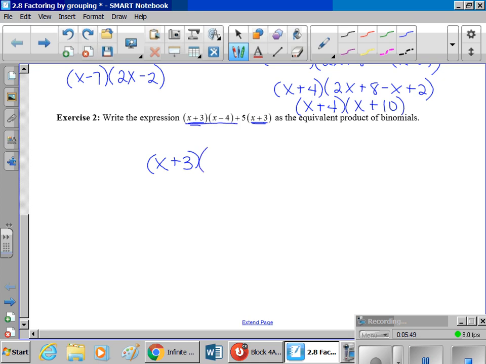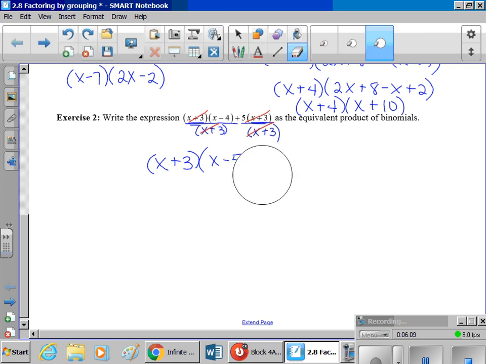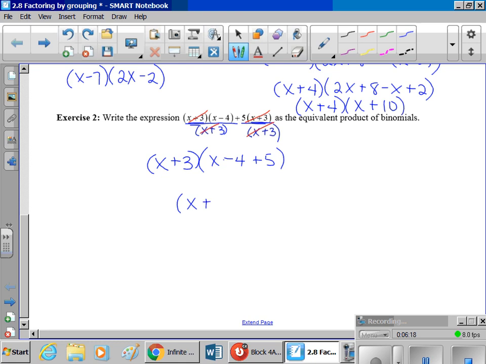And again, if it helps you, and sometimes at the beginning it is really helpful to do this, even people at the end feel it's okay to do this, cancel. And what are we left with? We're left with the x minus 4. I said 4 and I wrote 5. So x minus 4 plus 5. So one more step, x plus 3 times x plus 1, after you combine these two.